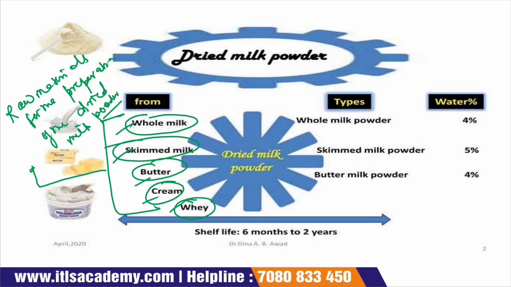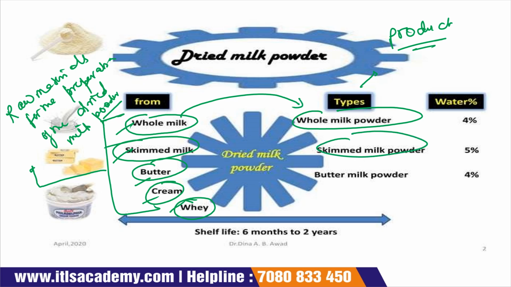And the types of milk powder, or you can say the products that we get from the raw material, are whole milk powder, manufactured from whole milk; skim milk powder, prepared from skim milk; and buttermilk powder, prepared from butter. Whole milk powder contains a moisture content of around 4%, but whole milk has a moisture content of around 80 to 85%.